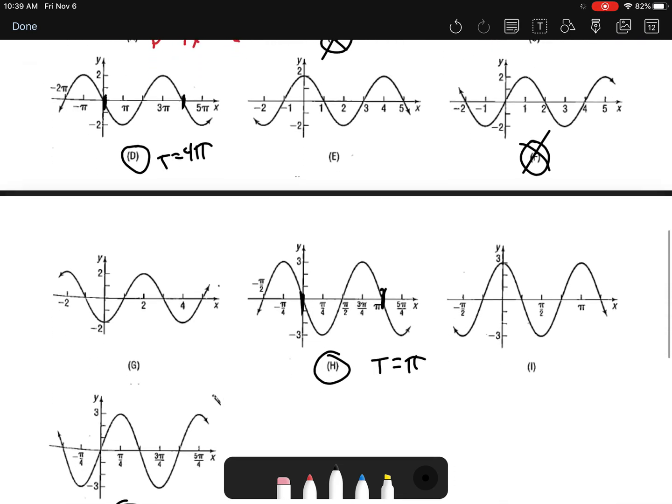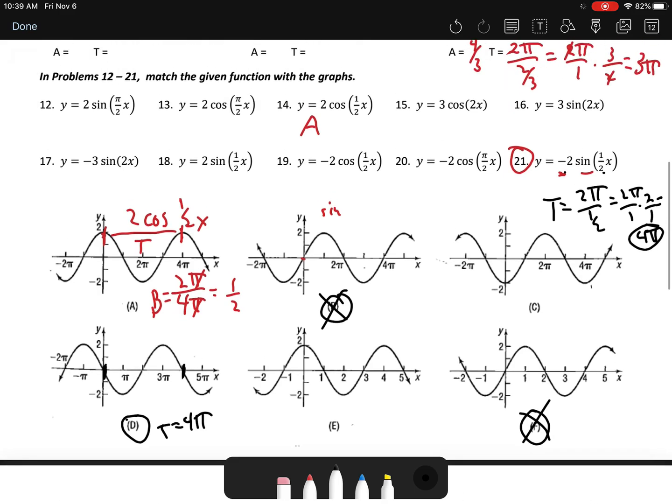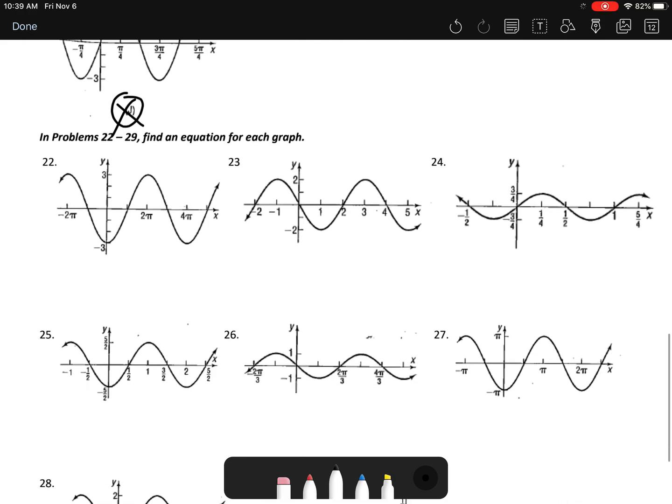Hey, that's 4 pi. So which one of these periods was 4 pi? D. So 21 is D. You can either use this formula to find the equation, or find the graph, or you can take the graph and find the equation to match it. It's up to you, okay?